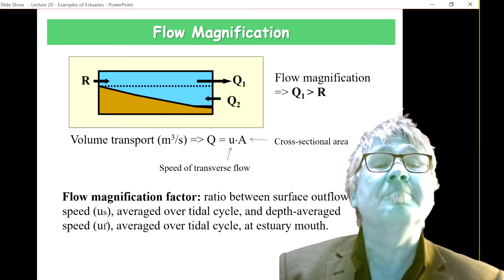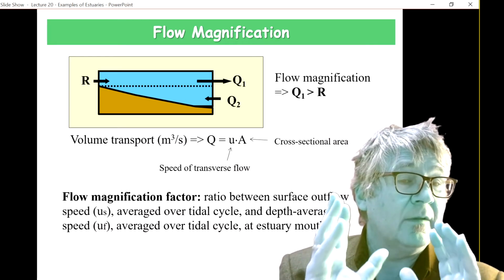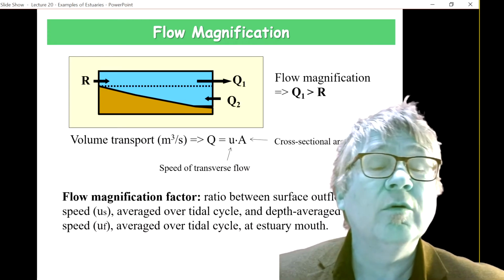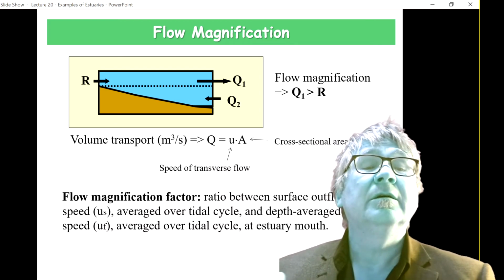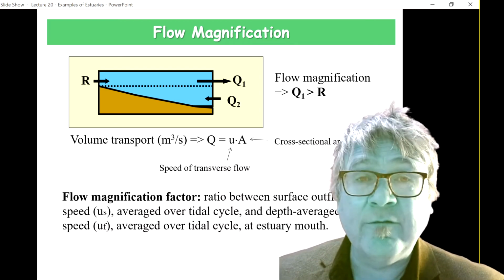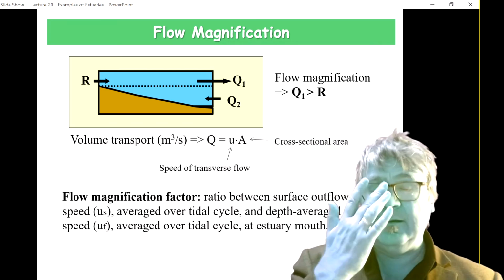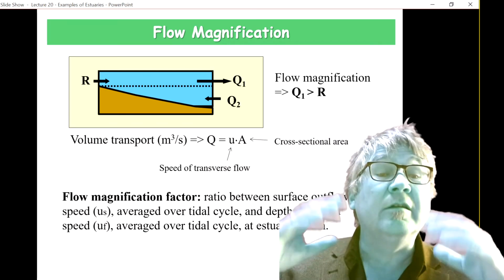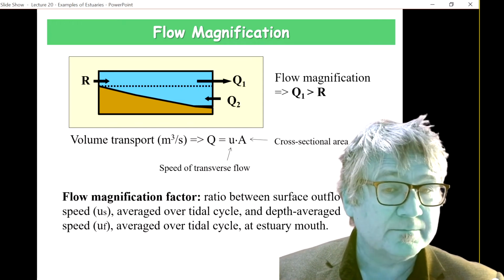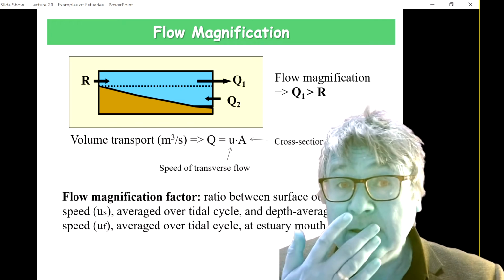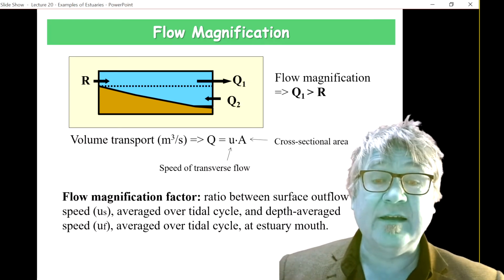This automatically implies that the volume of outflow has to exceed the inflow of river water. This is what we call flow magnification, because Q1 can be significantly bigger than R. And this is what happens in highly stratified estuaries.